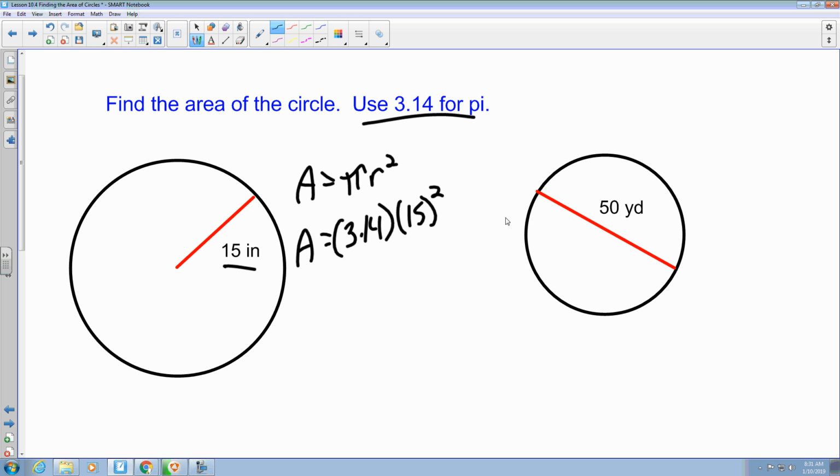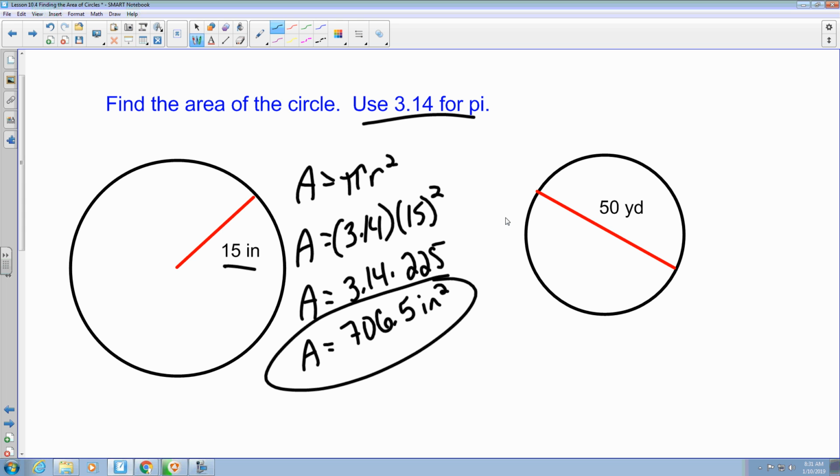Order of operations says we must take care of the exponent there. So 15 squared is 225. So this area is going to equal 3.14 times 225. 3.14 times 225 is an area of 706.5, and this is where we write in the square inches we talked about.